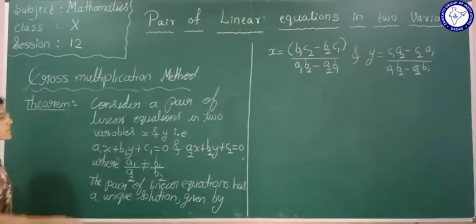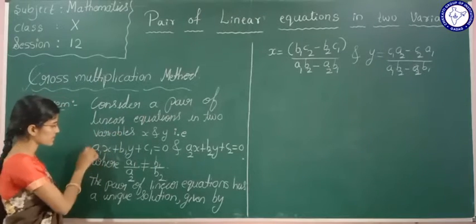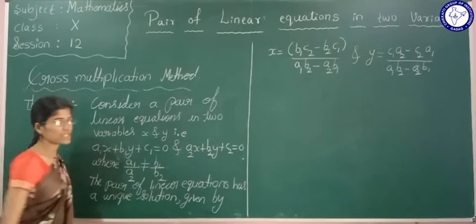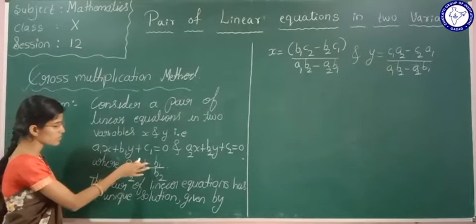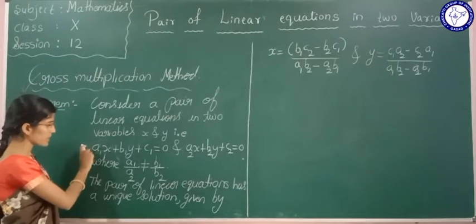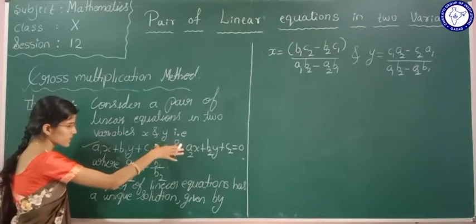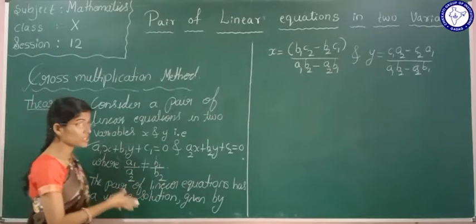Consider a pair of linear equations in two variables x and y, where a1 divided by a2 is not equal to b1 divided by b2. The pair of linear equations has a unique solution.